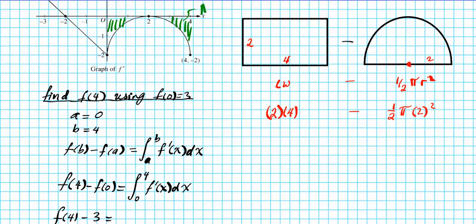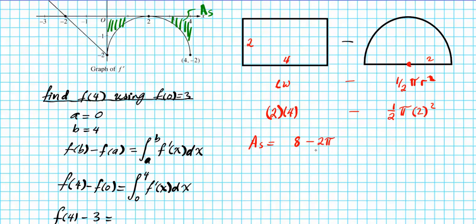Let me call this area of shaded. So the area of the shaded region is simply going to be 2 times 4, which is 8, minus 2 times 2 is 4, 4 over 2 is 2 pi.